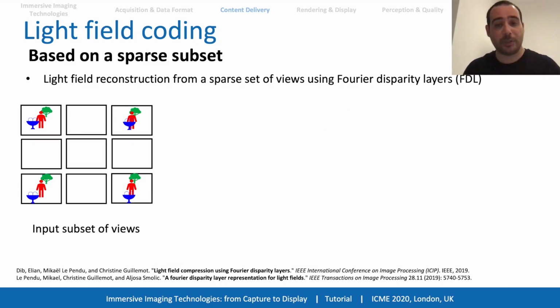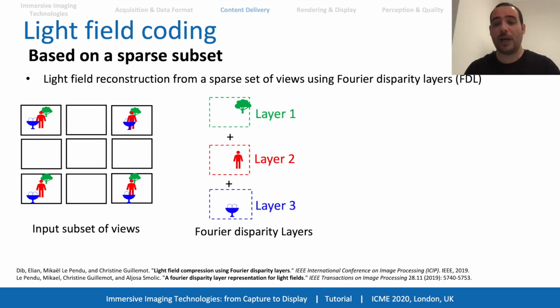The FDL model consists of a set of additive layers which can be simply shifted and summed to render a view of the light field at any angular coordinate. In the proposed compression scheme, a subset of light field views is first encoded with traditional video compression solutions like HEVC.